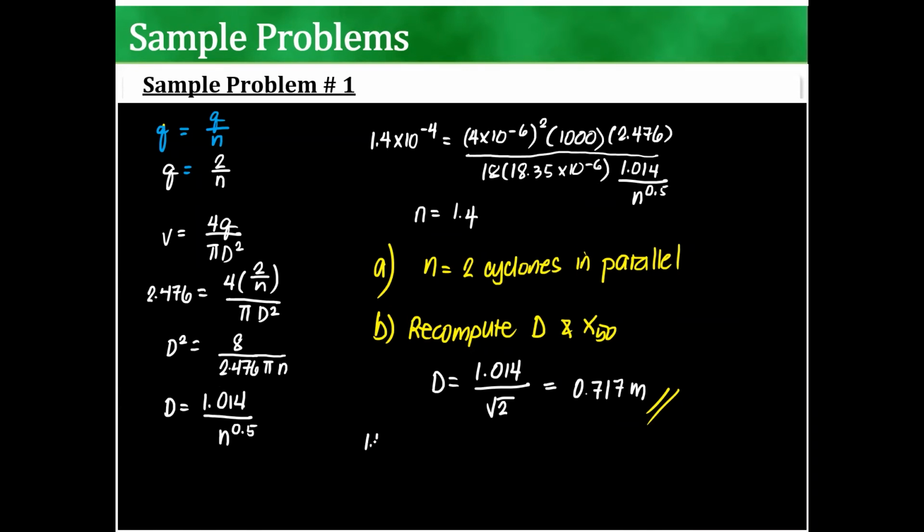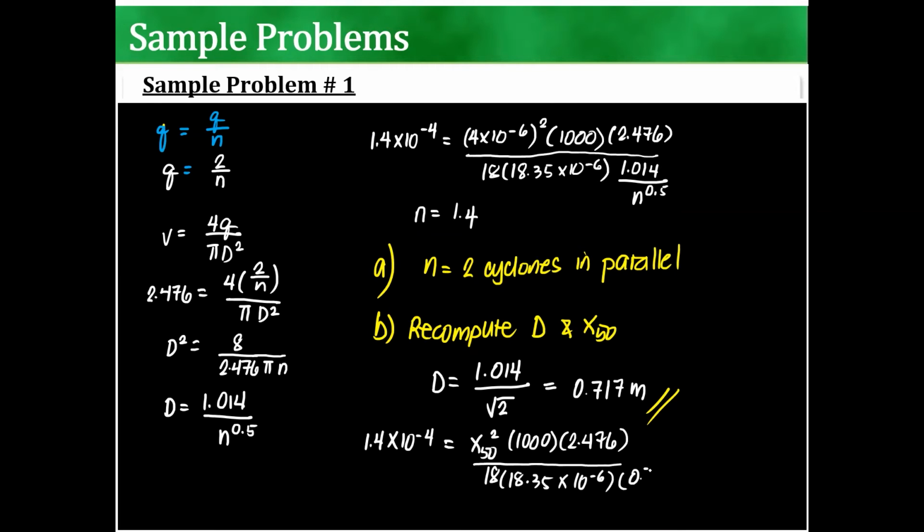We need the Stokes of this one: X50 squared, the same 1,000, at 2.476 velocity, sorry, over 18.35 times 10 to the negative 6, and then what should I write here?